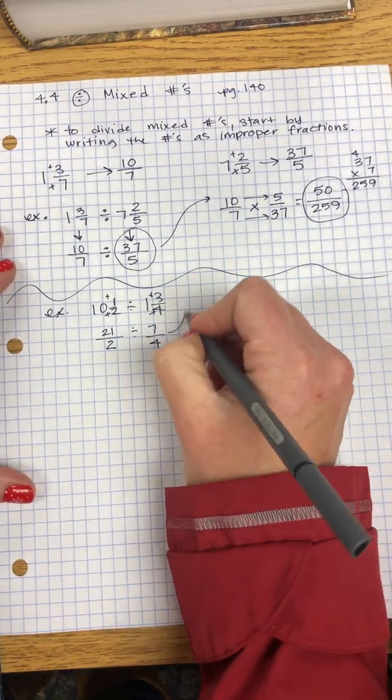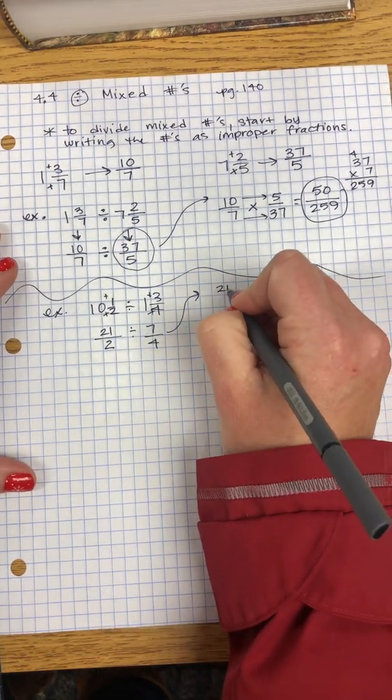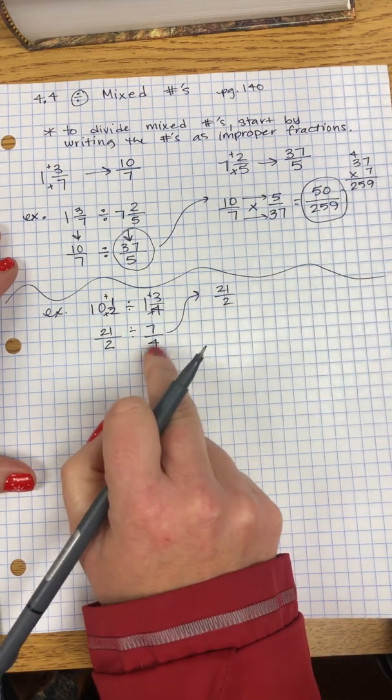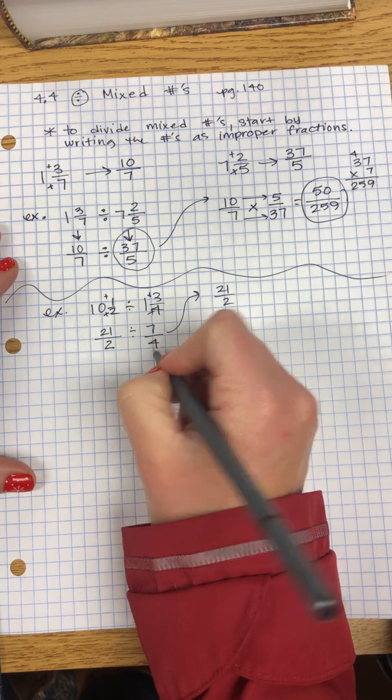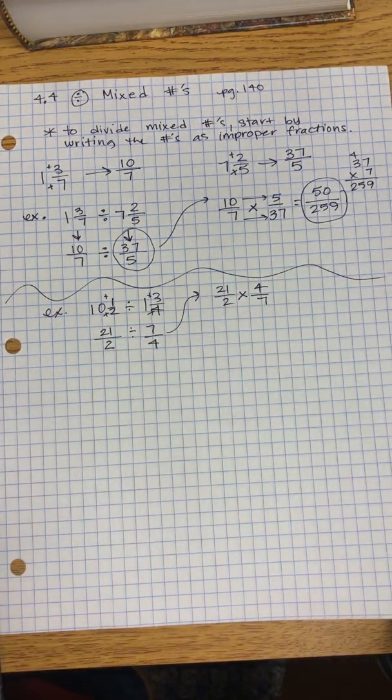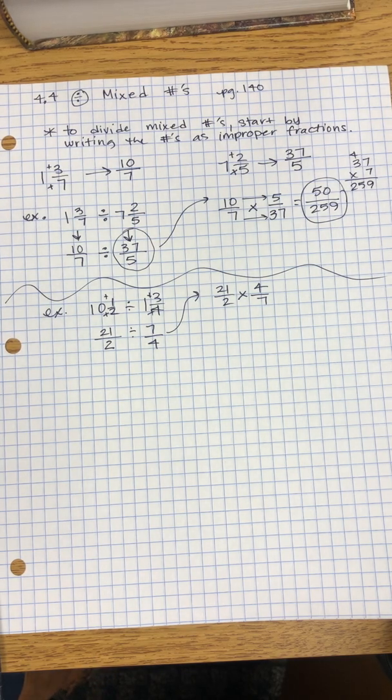Now I'm going to copy, change. So 21 over 2 stays the same. I need to find the reciprocal of 7/4, so I'm going to have 4/7. And I get to change my sign because I found the reciprocal.